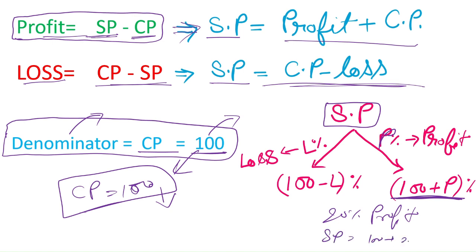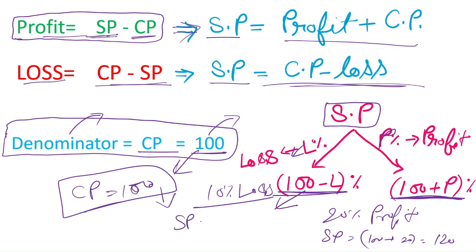SP will be 100 plus 20 is equal to 120. Okay. And if loss percent is given in the question, then SP will be 100 minus L. Like 10% loss given in the question, then SP will be 100 minus 10, means 90. Okay.